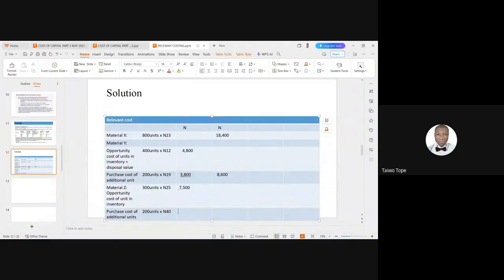The cost will be what? 2,800. And you add, and your result should be 15,000.